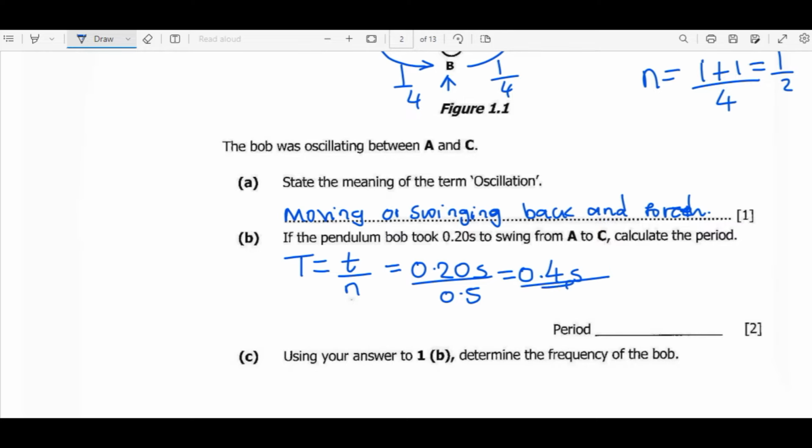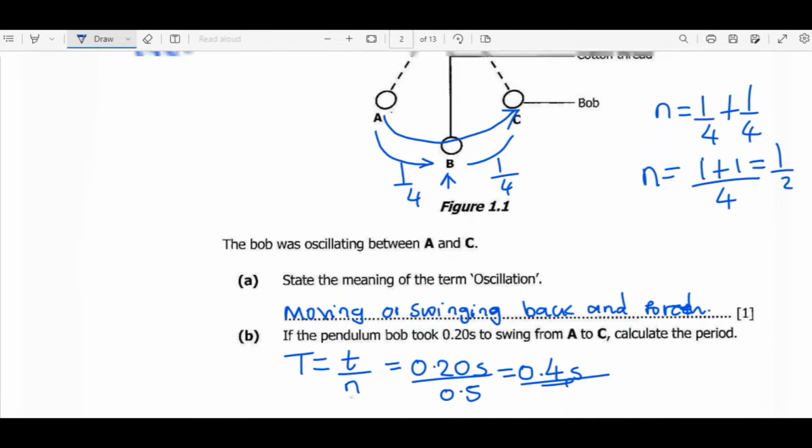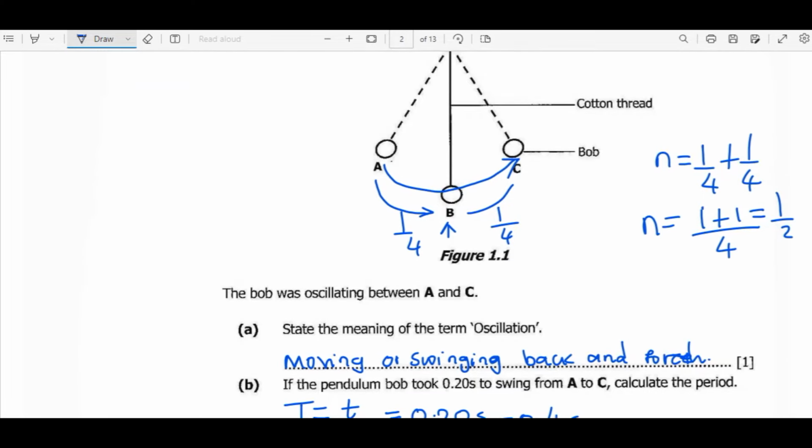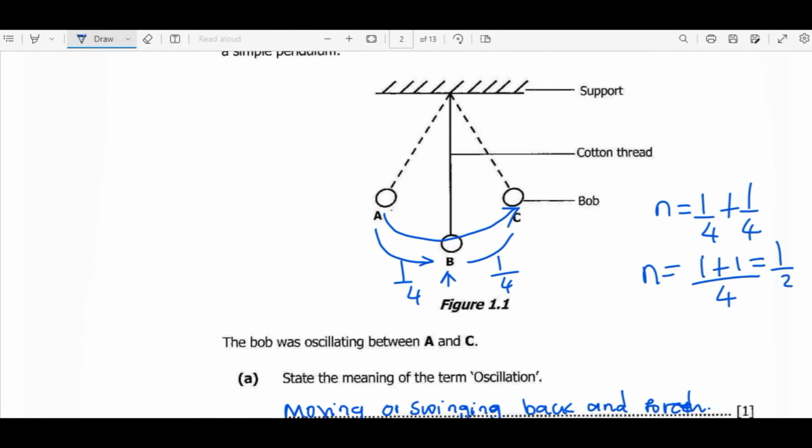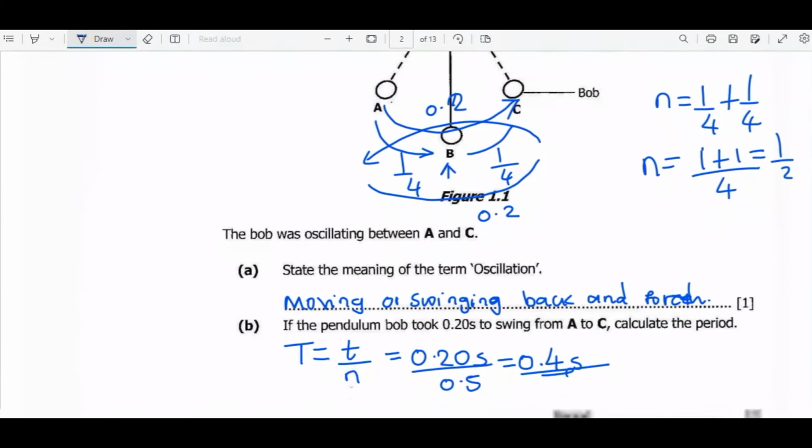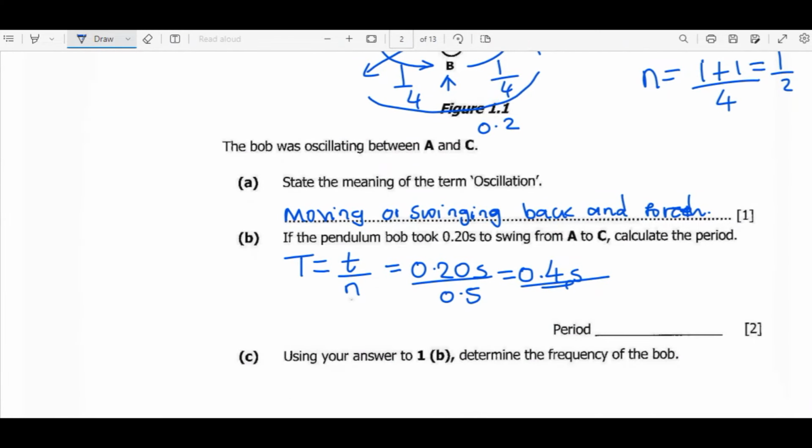So for one complete oscillation to be made, the time taken should be 0.4 seconds. And it makes sense if you look at our diagram. For one complete oscillation, the bulb must move from A to C and back to A. A to C takes 0.2 seconds, then another 0.2 seconds. So one oscillation is 0.2 plus 0.2, giving us 0.4 seconds.